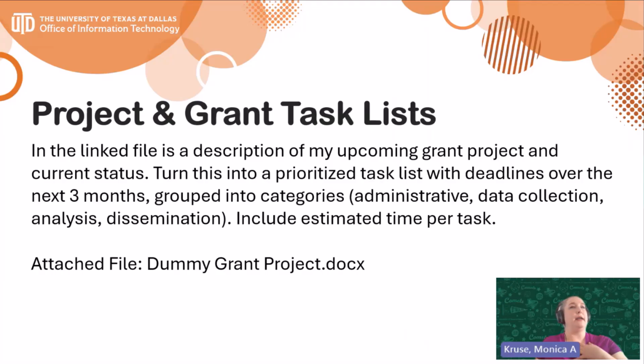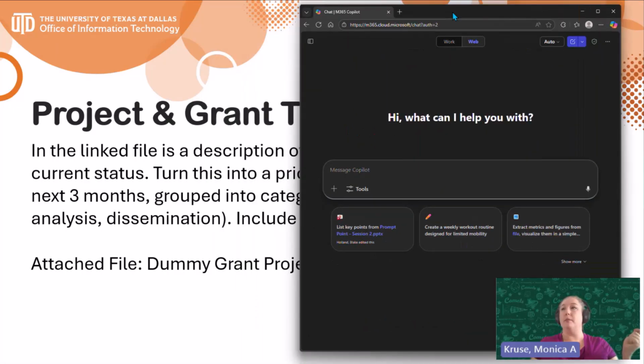So I have created a prompt that targets my grant project and will turn this into a prioritized task list with deadlines for the next 3 months, grouped with categories like administrative, data collection, analysis, and dissemination, and to include time per task. So let's go back over here to Copilot.